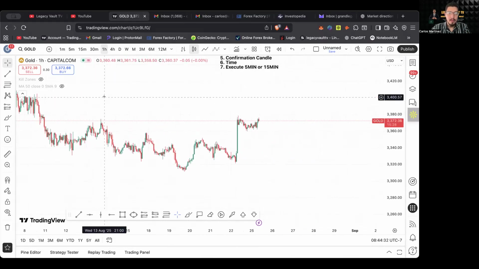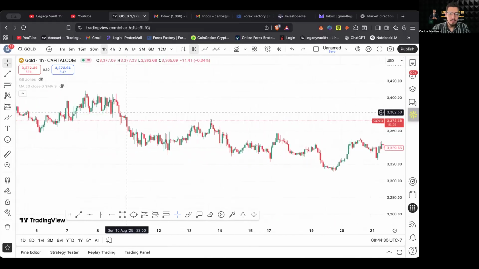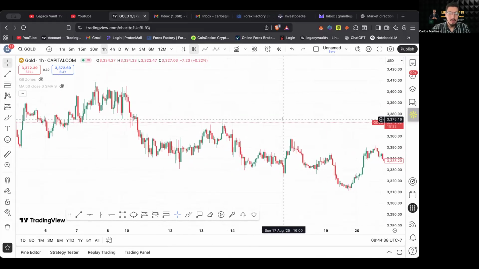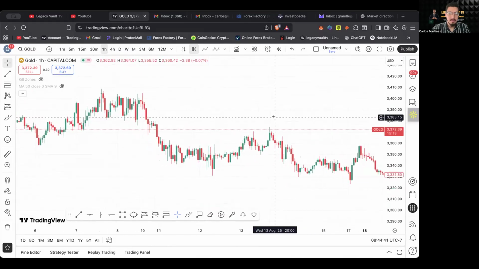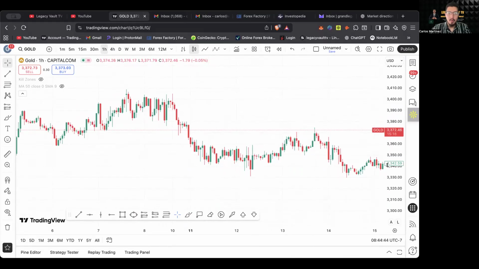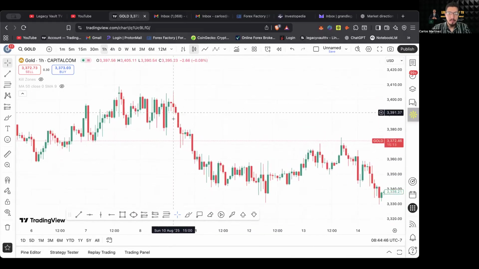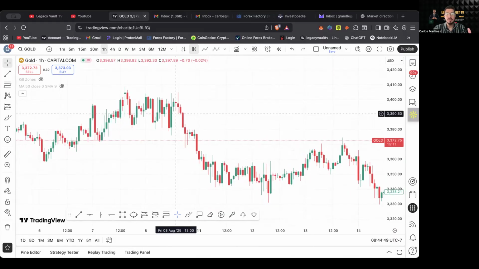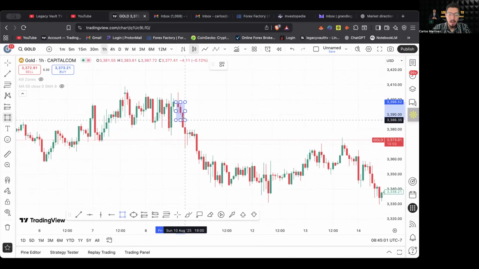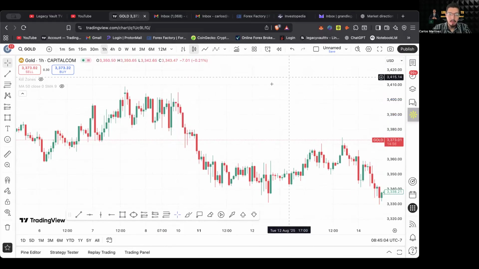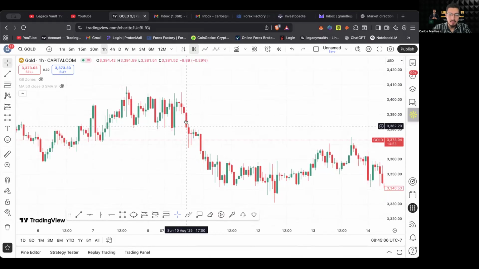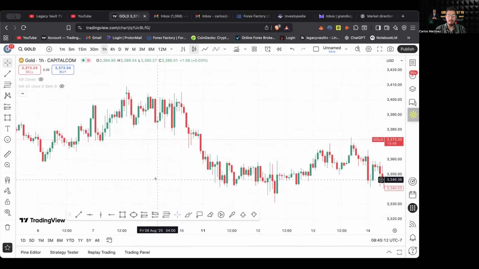If we look to the left, we can see an area where price has been pushing down, causing a downward move and creating an imbalance. Whenever you see supply and demand zones, you want to see an area where there are imbalances or order blocks.